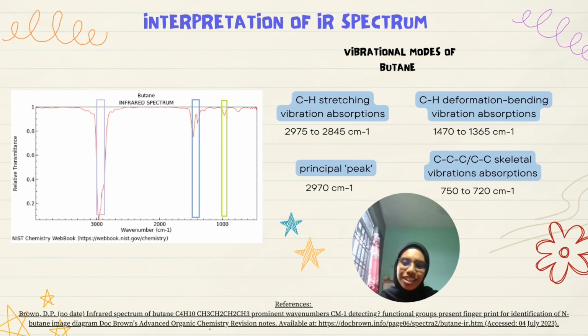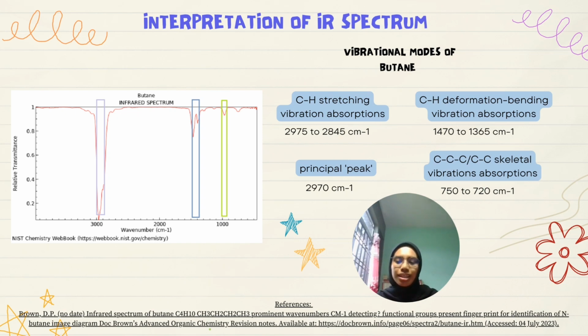We can see here there is a small double peak in this blue box. So there is no specific characteristic that can be observed in this region, as it shows the typical alkane group vibration.